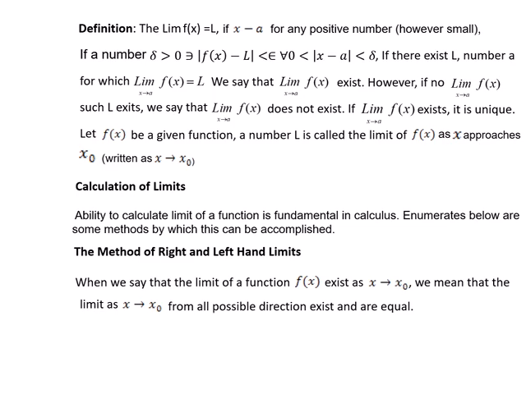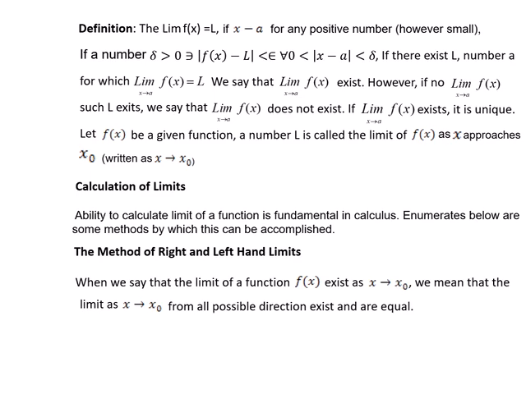However, if no such L exists, we say that the limit f of s as s approaches a does not exist. If the limit f of s as s approaches a exists, it is unique.